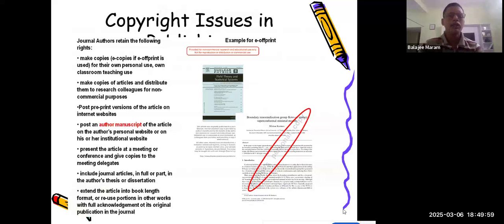Whatever content is there, that content belongs to that author only, the author of the paper. So when you copy the content, it comes under a copyright issue. You will be in trouble. So my sincere suggestion: you should not copy the content from others. Whatever you want, write in your own words.